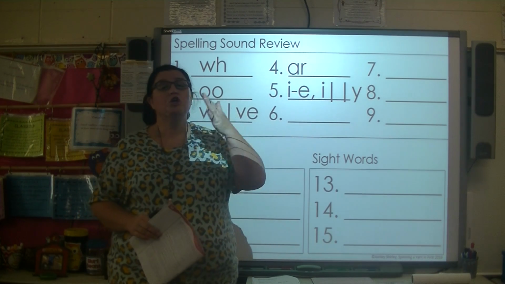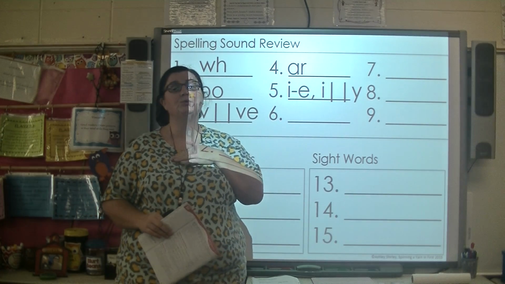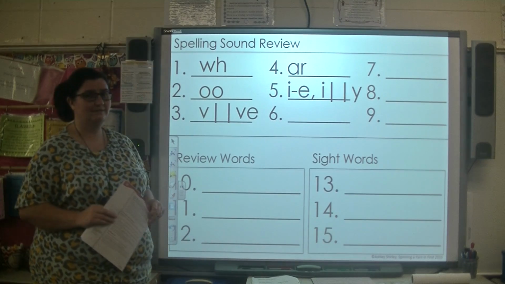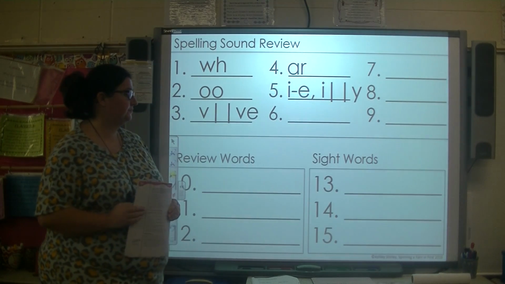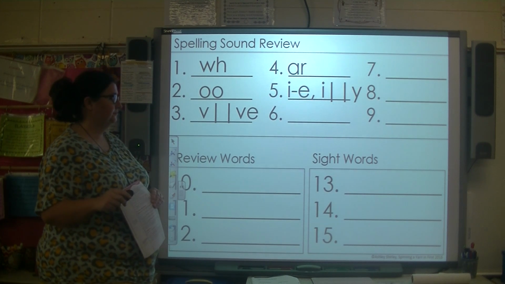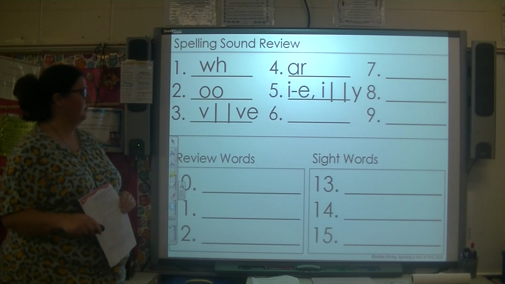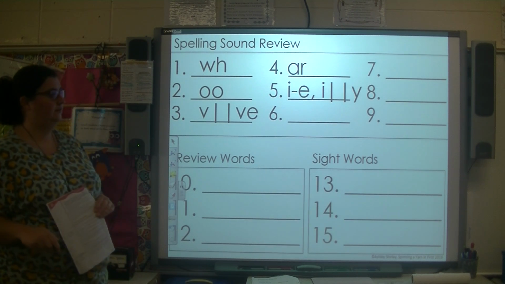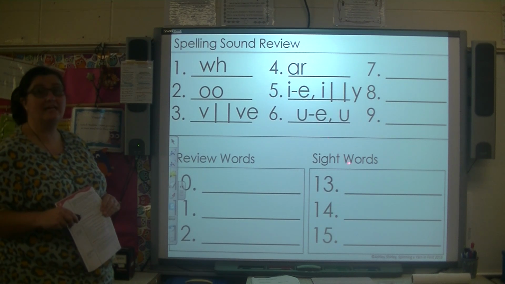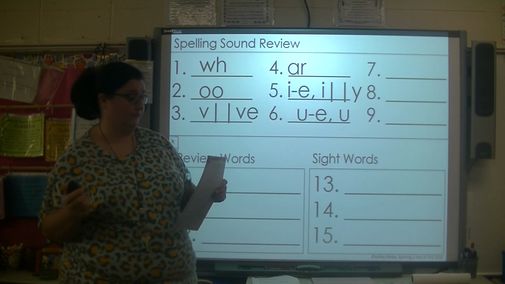Number 6, U. Yes, U. Write it. Two ways. You should have U consonant E and U with a macron. They both make the long sound.